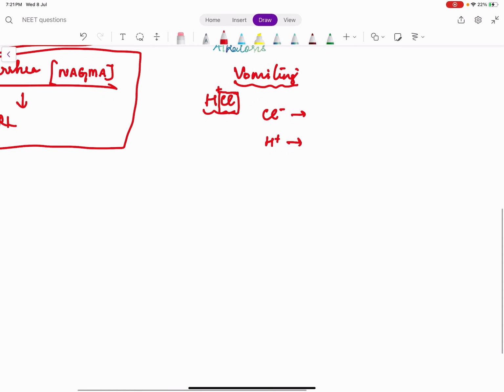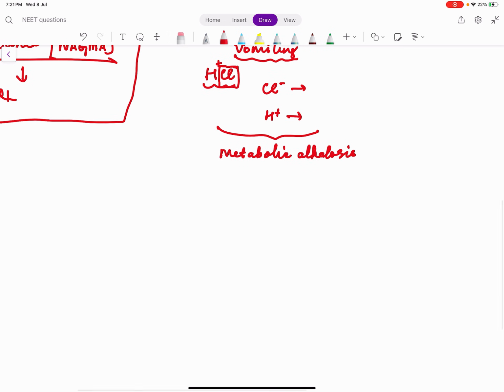When acid is lost from the body, it leads to metabolic alkalosis. So diarrhea causes normal anion gap metabolic acidosis, but vomiting causes loss of chloride and H+, so it causes hypochloremic metabolic alkalosis. So what is preferred here?